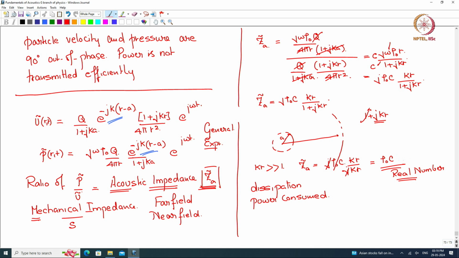And why is that? The reason is that as we go farther and farther, the spherically symmetric wave approaches a plane wave.